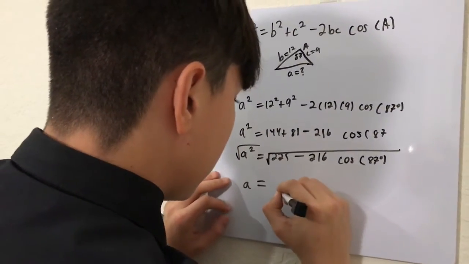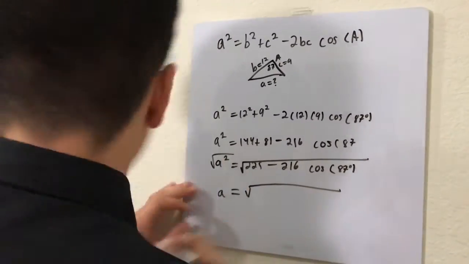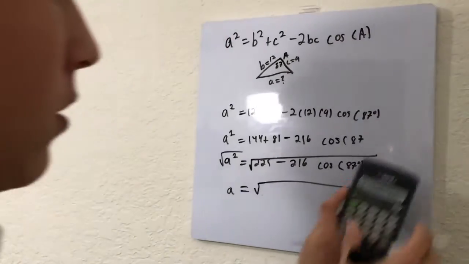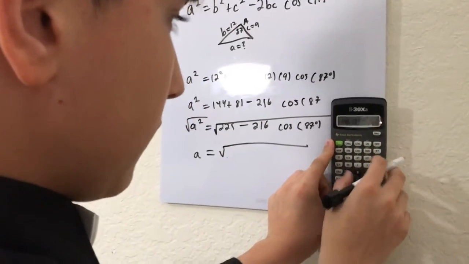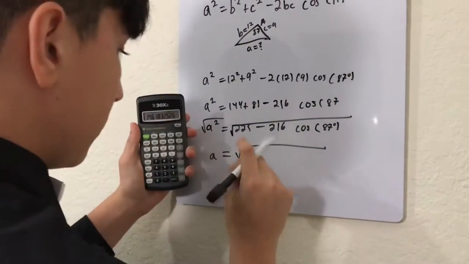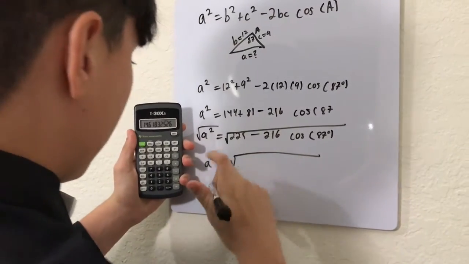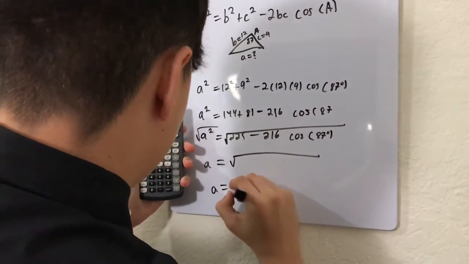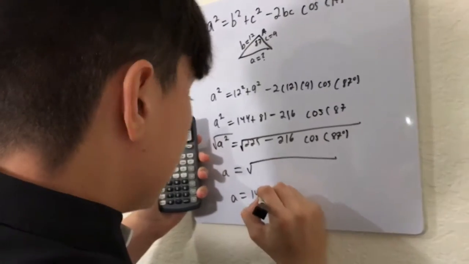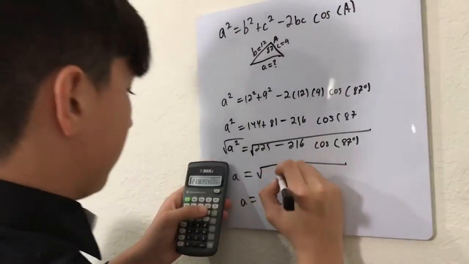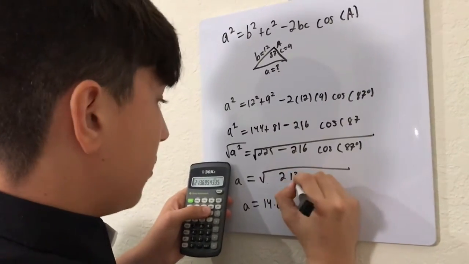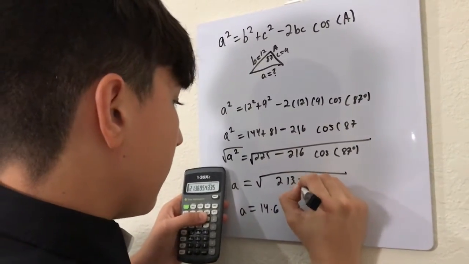So a equals the square root of what we just got, 213.7, which would be around 14.6.